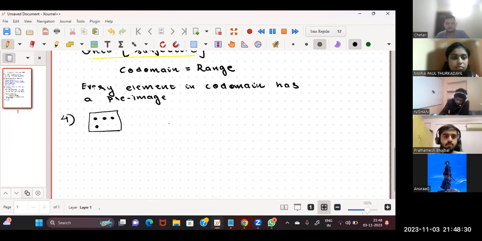Make another box, and in that box put 3 balls. Perfect. Can you match the 5 balls to the 3 balls uniquely? Only one ball to one ball.